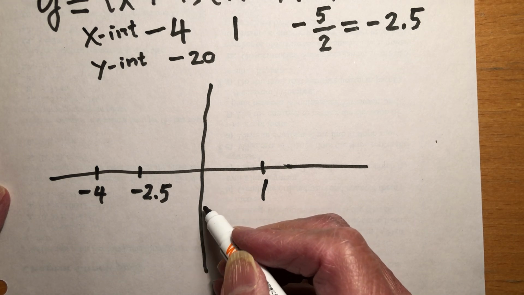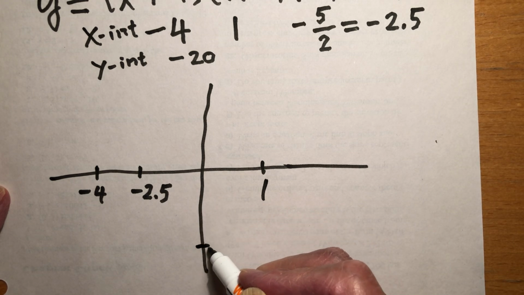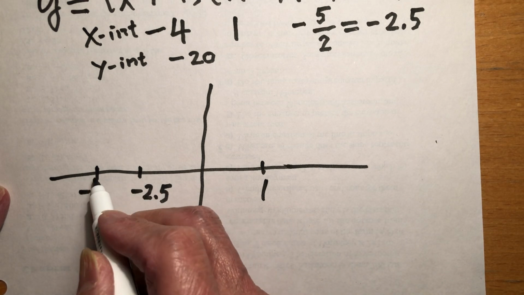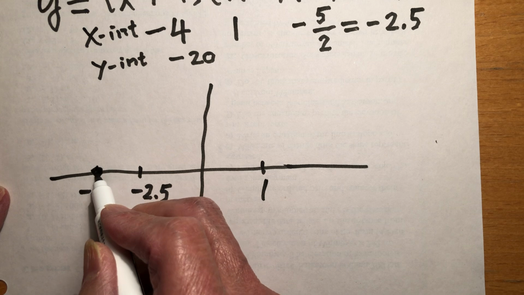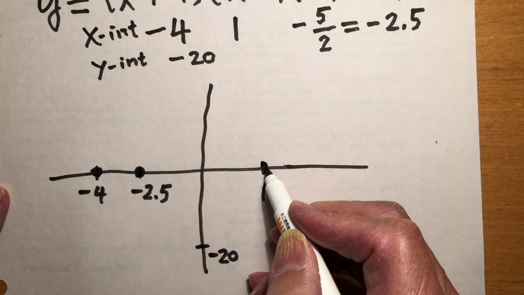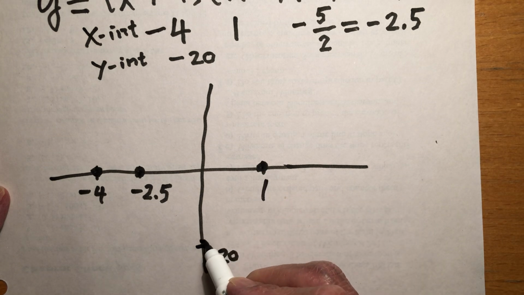Okay, 1, 2, 3, 4. So suppose this is -20. So my graph passes through these 4 points.